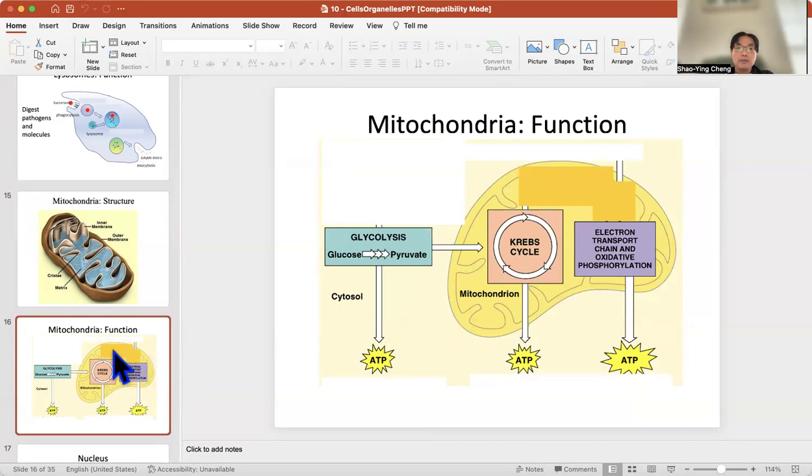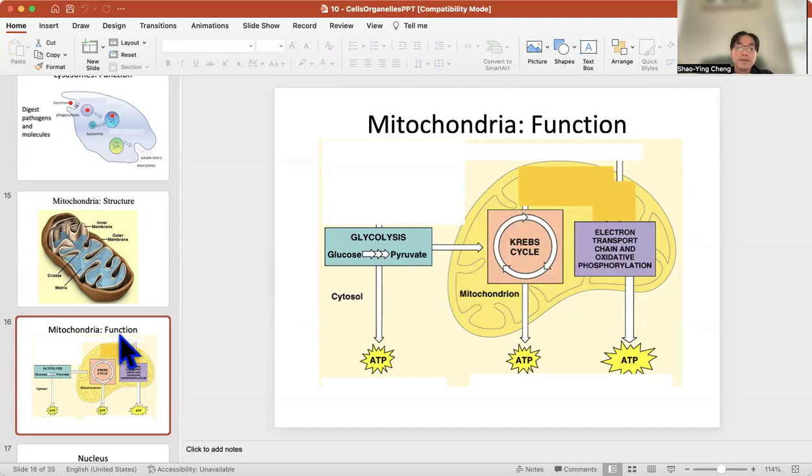And to turn glucose, a simple sugar, into ATP, there are 3 processes: glycolysis, the Krebs cycle, also called the citric acid cycle, and the electron transport chain, also called oxidative phosphorylation. The last 2 processes happen inside the mitochondria.